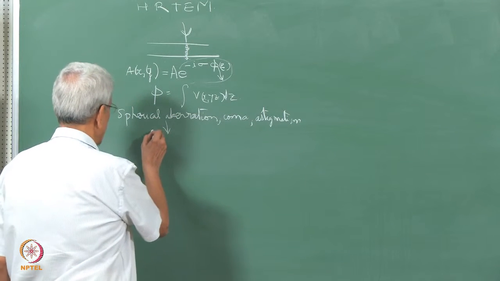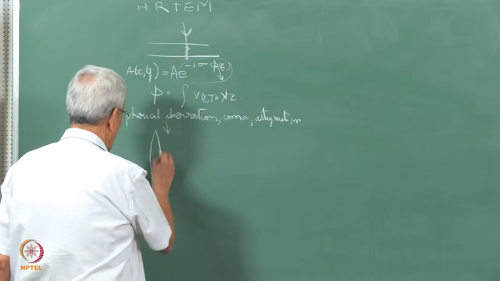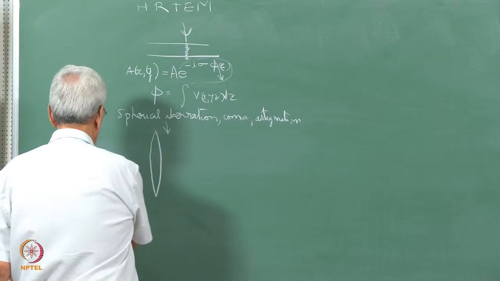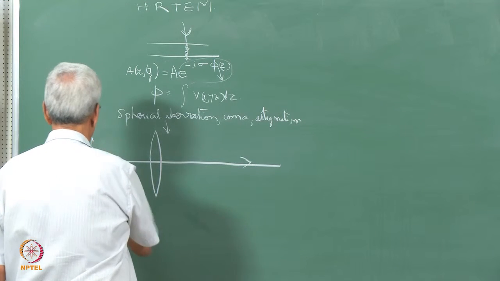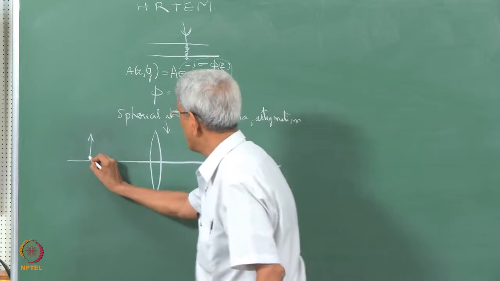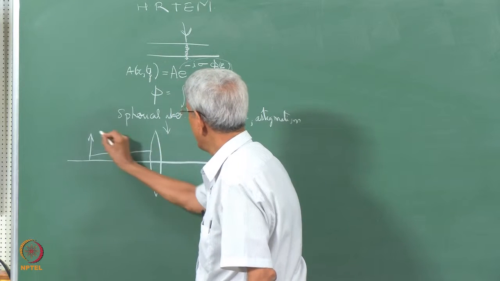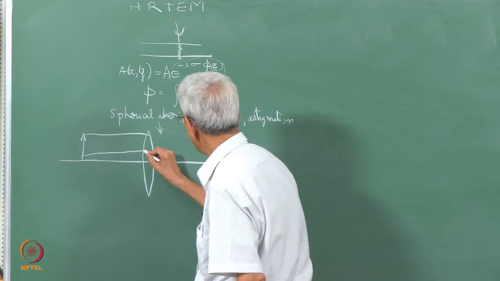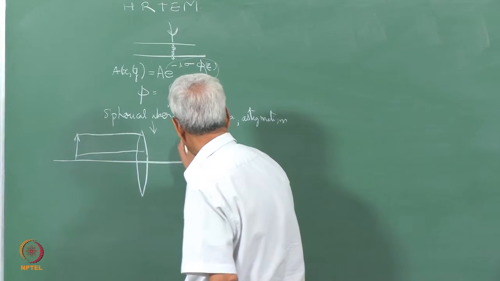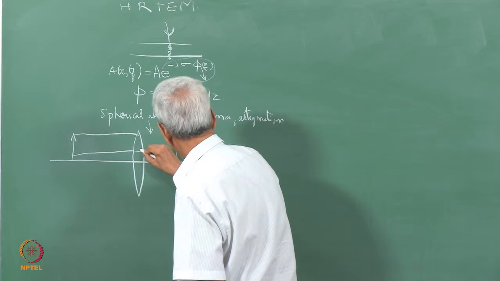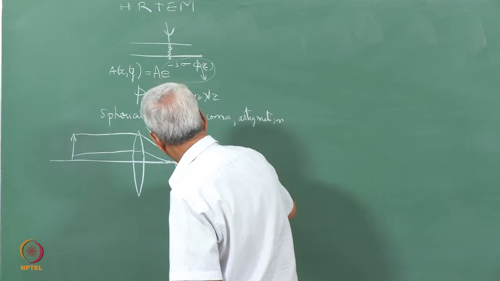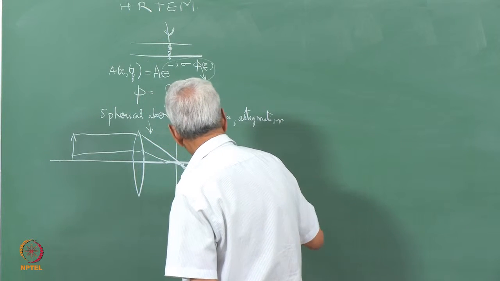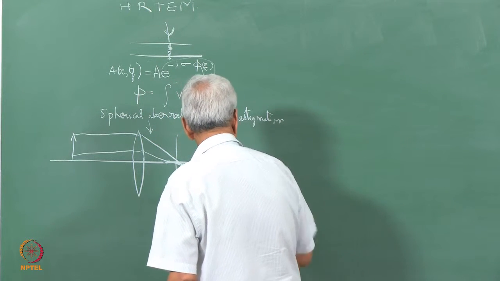So, in a lens, normally we assume a paraxial condition as the beam passes through: if the beam is coming from this point and from these points, we assume that at the back focal plane all the rays which are parallel are focused to a particular point and then form an image in the image plane.